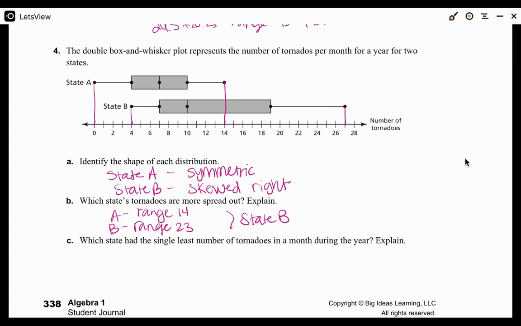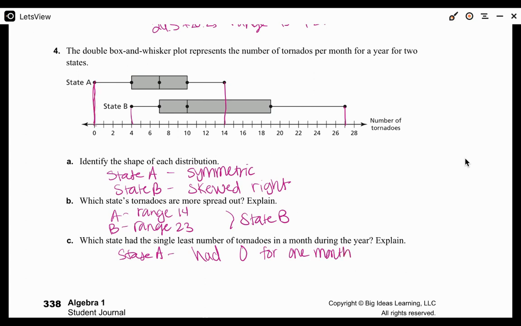Which state has the single least number of tornadoes in a month during the year? Well, look, one of their months had to be 0. That had to be a data point, which means that state A had 0. Because that value has to be on there.